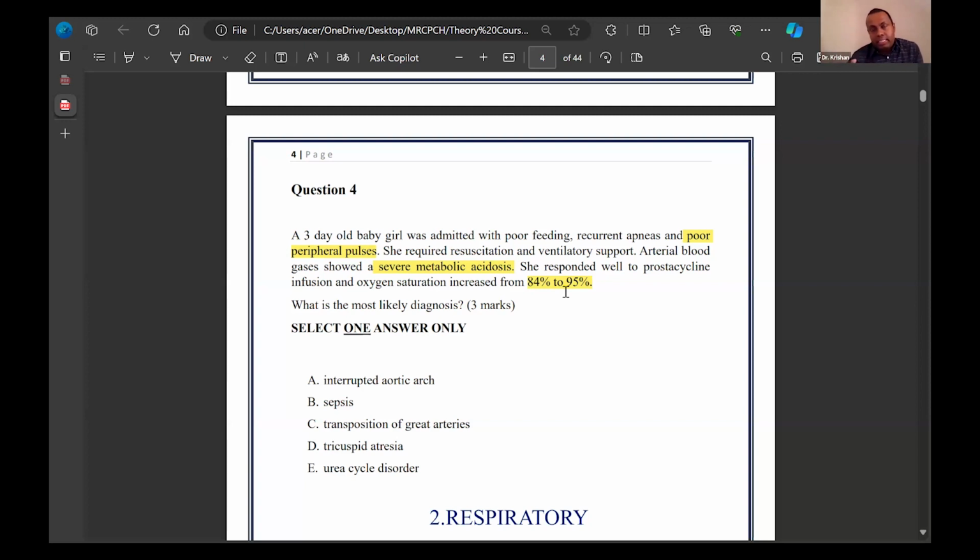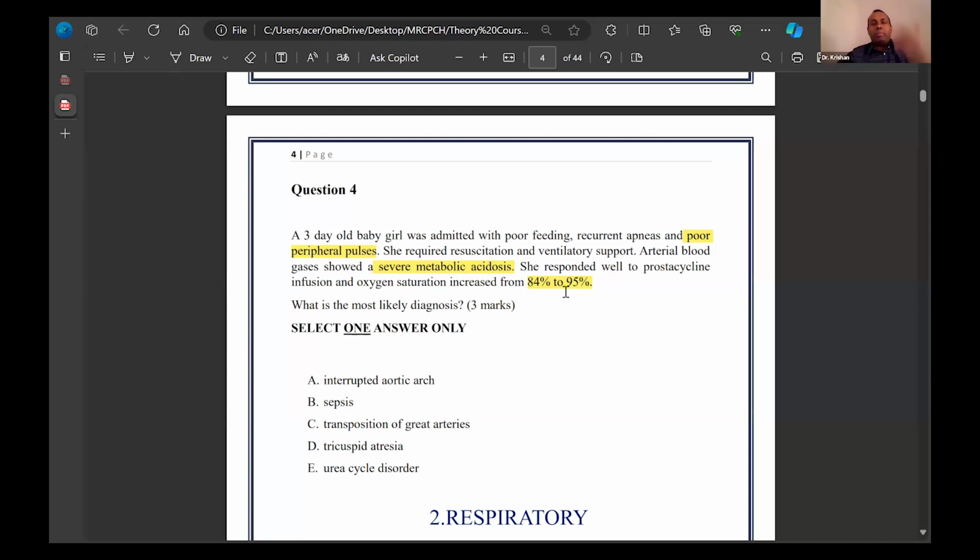One of the possibilities, say, if you have coarctation of aorta, what happens? The descending aorta will not get enough circulation because of the coarctation. Then when you open the ductus, what will happen? The descending aorta will get blood from the ductus.